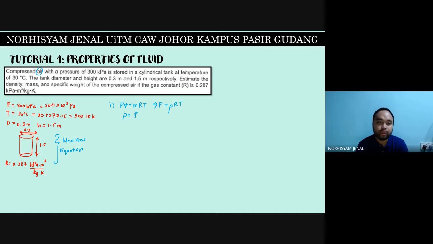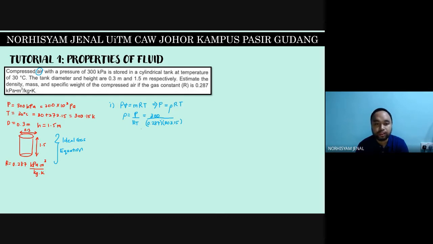Density equals P over RT, equals 300 kilopascal divided by 0.287 multiplied by T, which is 303.15.